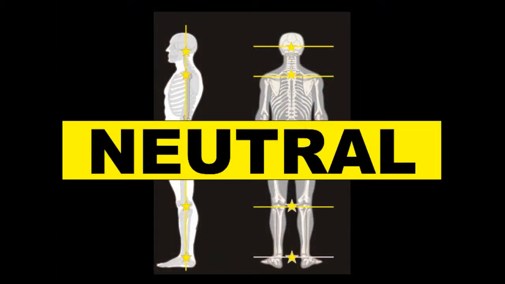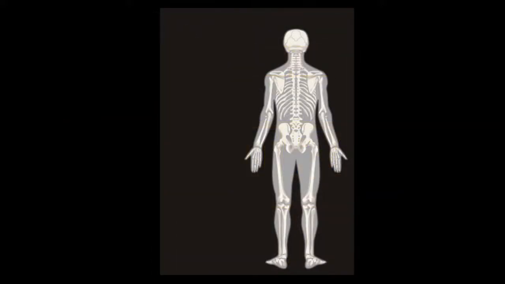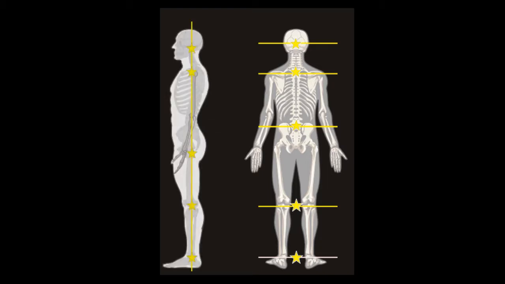A neutral spine is one where certain landmarks line up. For example, from the front, the nose, chin, sternum, and belly button should line up. A line dropped from the belly button should go exactly in between the legs. From the side, the ear, middle of the shoulder, hips, knees, and ankle bone should all line up.